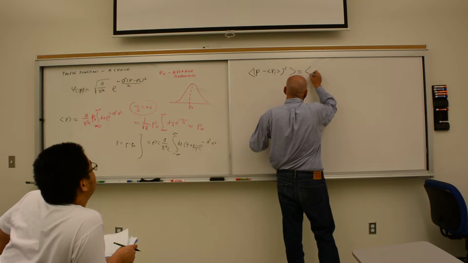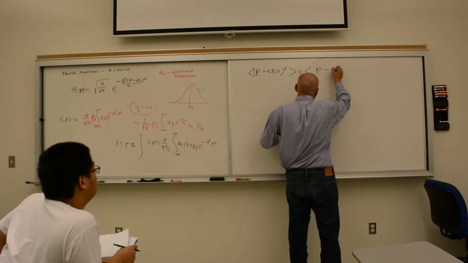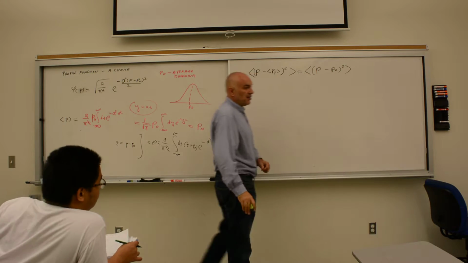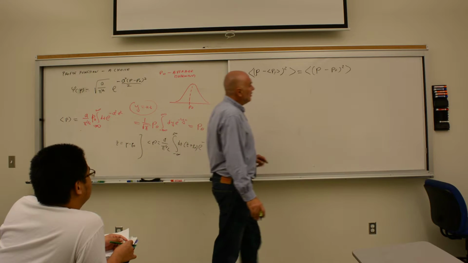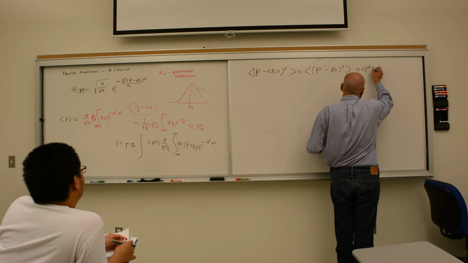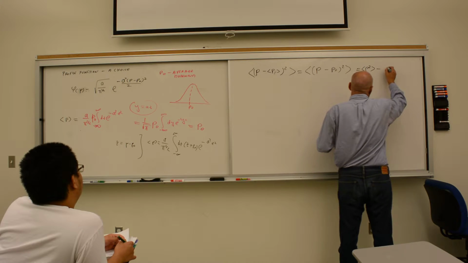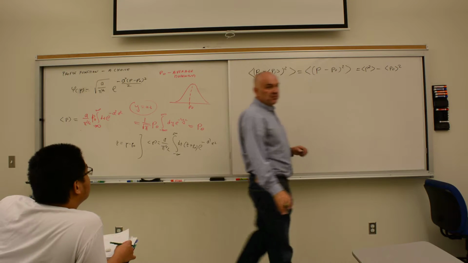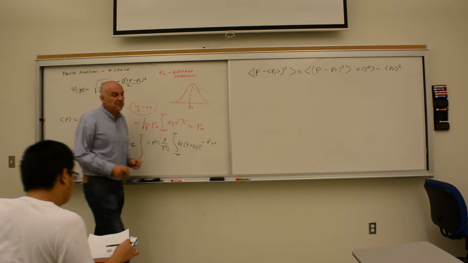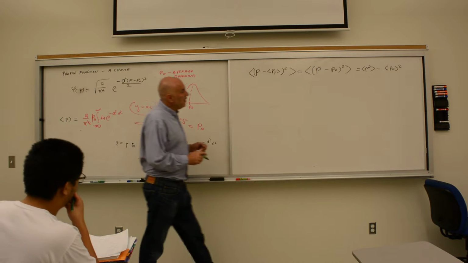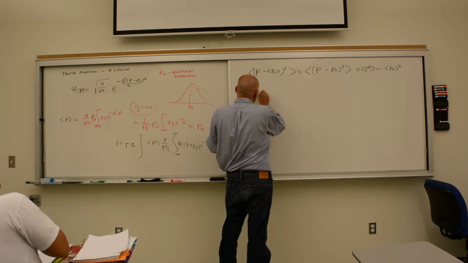Which is the same as P minus P0 squared, which is average of P squared minus P0 squared. So what I need to calculate then is this P squared.